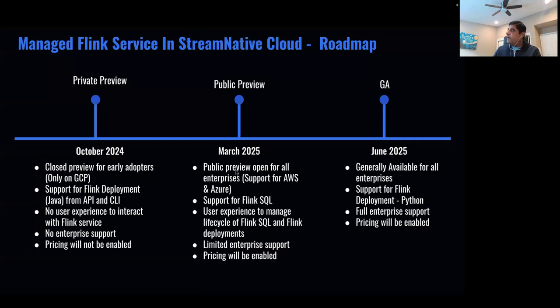Our vision here, like any other capability within StreamNative Cloud, is to offer a consistent experience to interact with your Flink service, whether you use the UI, API, command line interface, or Terraform. That's the vision we'll work towards, building that North Star experience for our managed Flink service, partnering right along with Ververica.